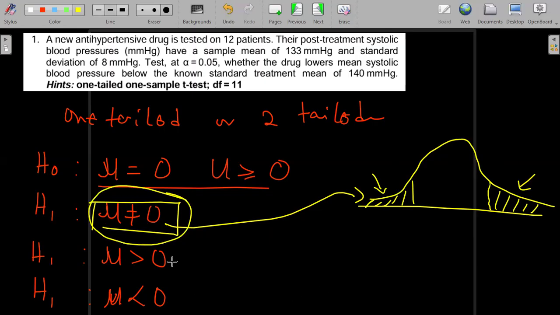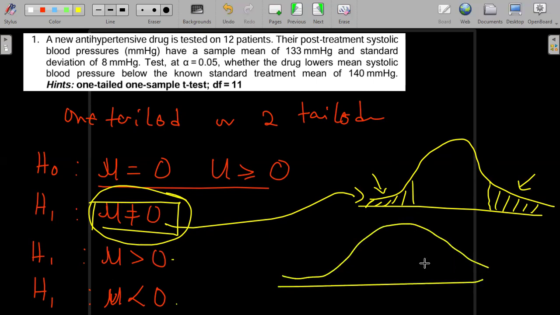For the other two, I'll draw the one for greater than. It will be like this. Since they've said the mean is greater than this value, the rejection region should be somewhere there, and we are going to be getting positive values here. If it is less than, like this one here, the rejection region will be going to the left like that.